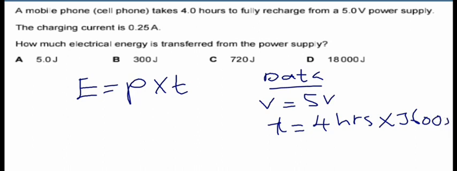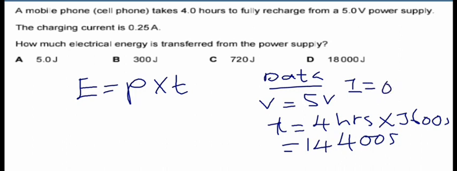Then the answer is going to be 14,400 seconds. Then the last one we have is current, which is 0.25 amps.